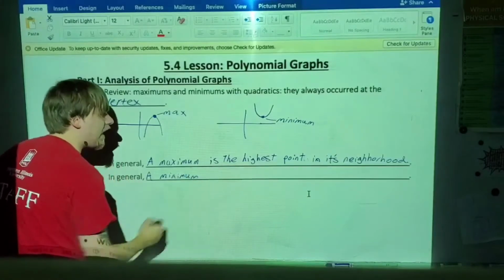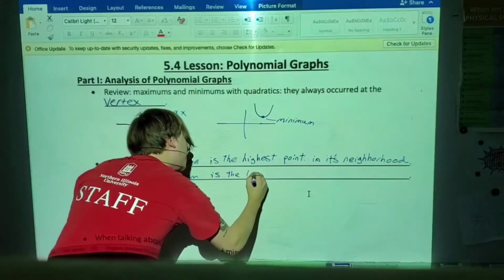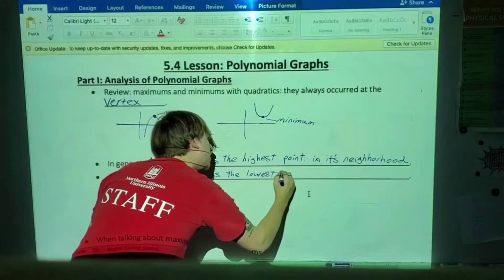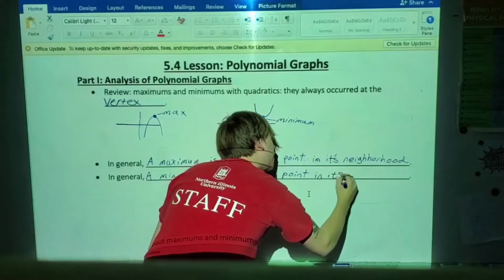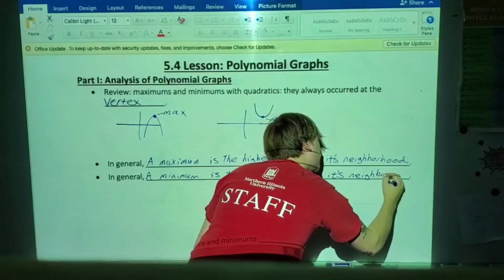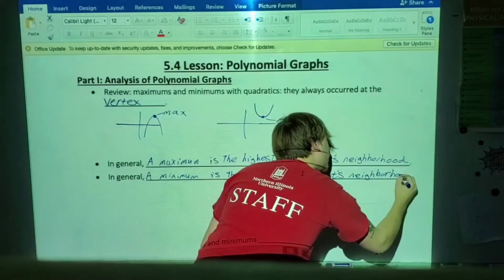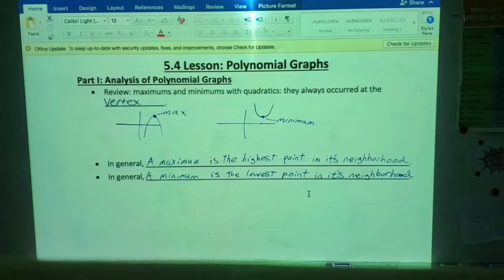If a maximum is the highest point in its neighborhood, a minimum is the lowest point in its neighborhood. Okay. So maximum is the highest point, a minimum is the lowest point.